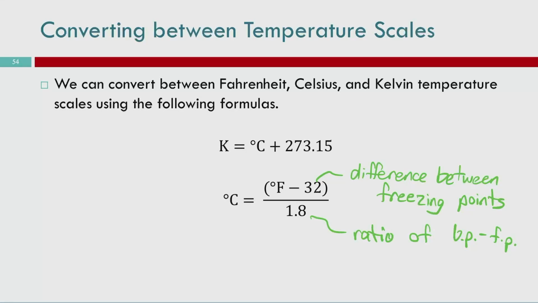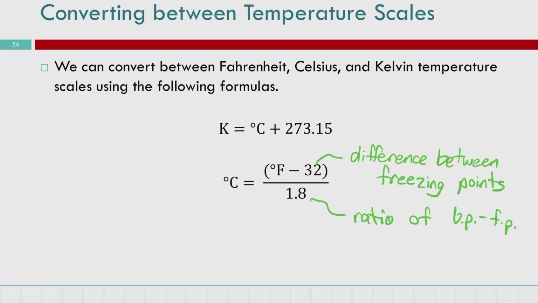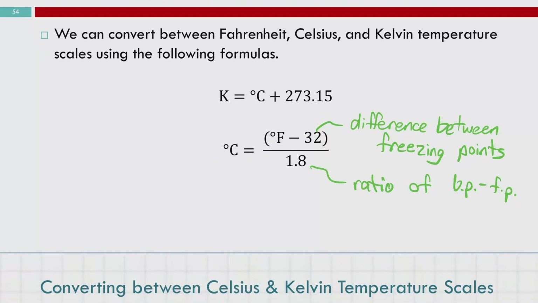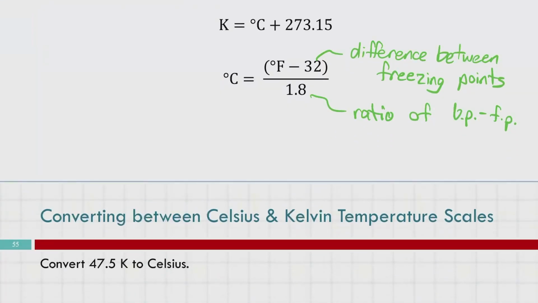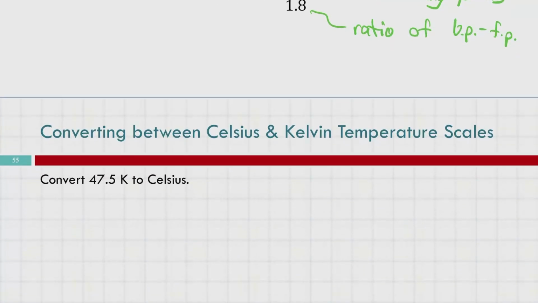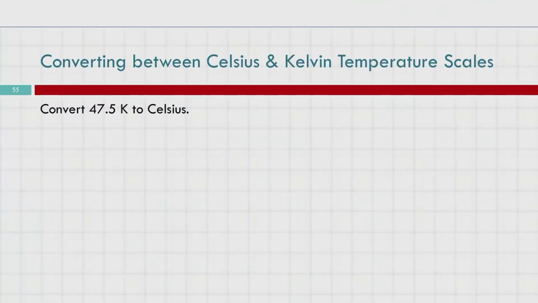That's where those numbers come from. If you want to work in the other direction, if you want to find degrees Fahrenheit, you have to rearrange this equation. The order of operations is important for that one, and people often mess up.